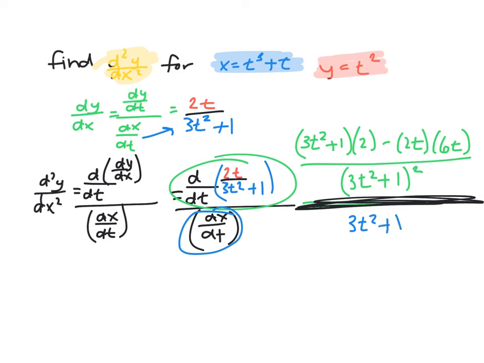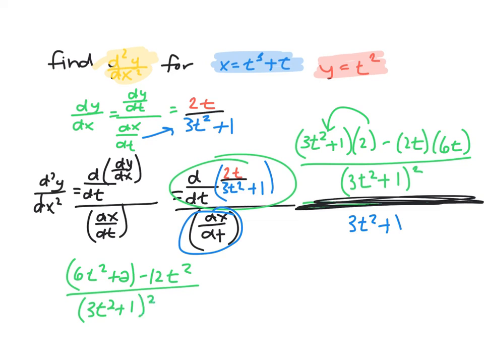So simplifying, I'm first going to distribute that 2. So let's call this 6t squared plus 2 minus 12t squared, and this is divided by 3t squared plus 1, squared. And instead of dividing by a fraction, I'm going to multiply by the reciprocal.